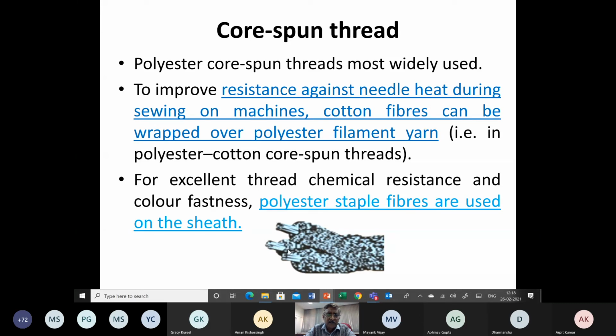Surrounding this one, you have either polyester fiber or cotton fiber. Similarly, there is another single core spun yarn, a polyester filament surrounded by a staple fiber. And similarly, this is a third component, a polyester filament in the center, surrounded by either polyester fibers or cotton fibers.